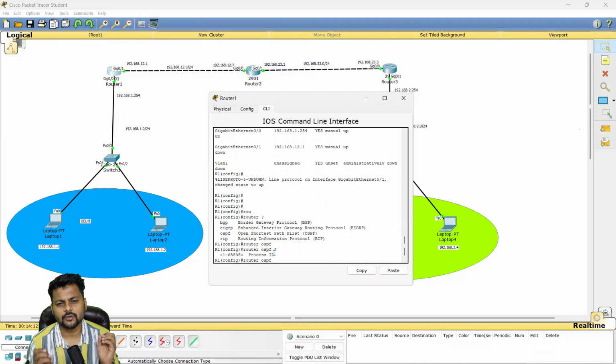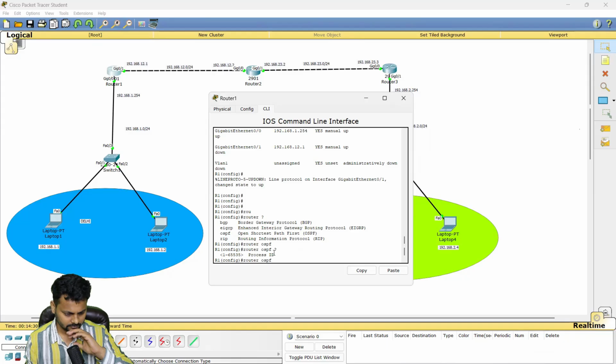Let me tell you that the process ID is uniquely present on the router side, and for every process ID you will have a separate LSDB table, the database table, a separate router ID, and a separate SPF algorithm as well.